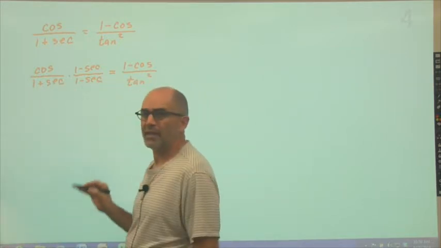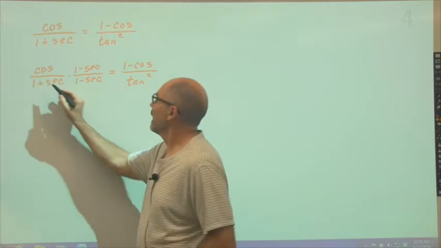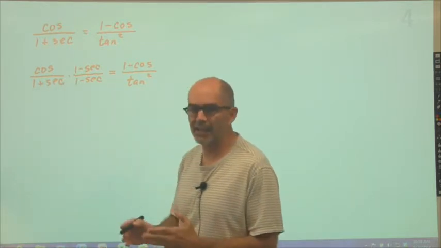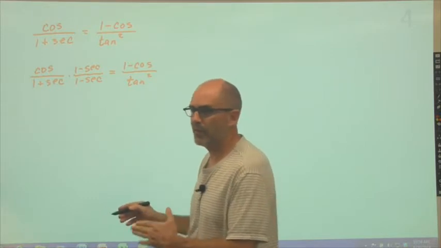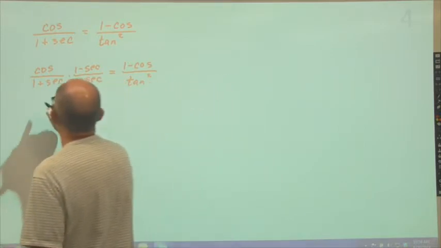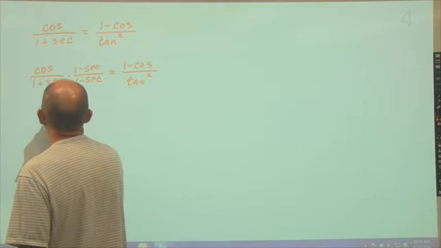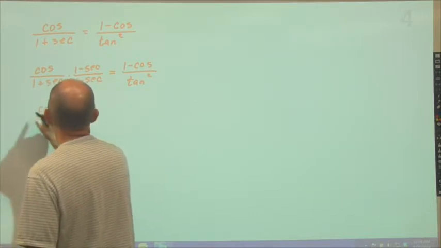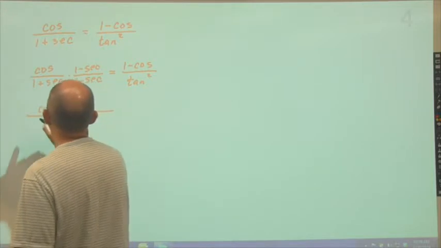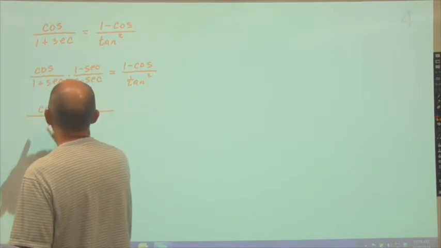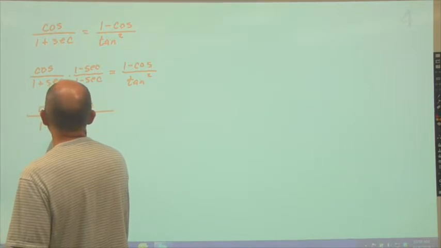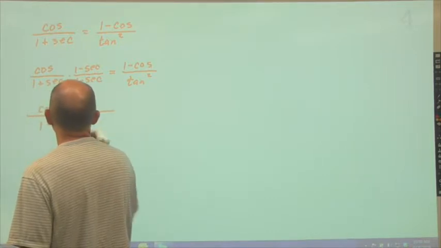The reason for that is because I have an a plus b times an a minus b, that's going to give me an a squared minus b squared. Okay, so I have cosine times 1 minus secant on top over 1 plus secant times 1 minus secant, which is 1 squared minus secant squared.